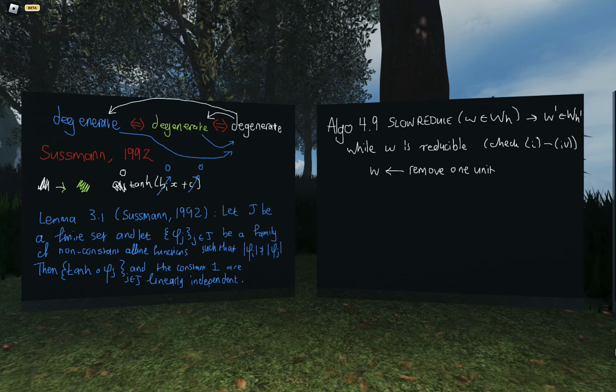When this loop ends, the while condition is false. That means W is irreducible, and so you can return the current value of W. By the equivalence, that means there is no smaller implementation, because if you don't meet the 4 conditions, you're not reducible, and then by Sussmann's equivalence, you're not non-minimal, which means you're minimal.